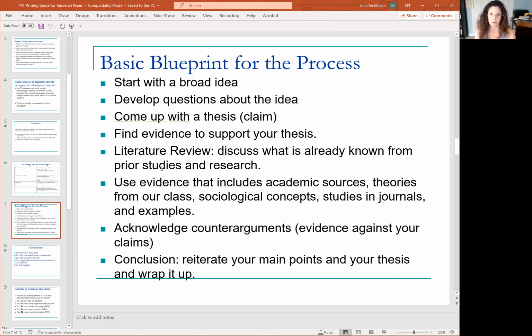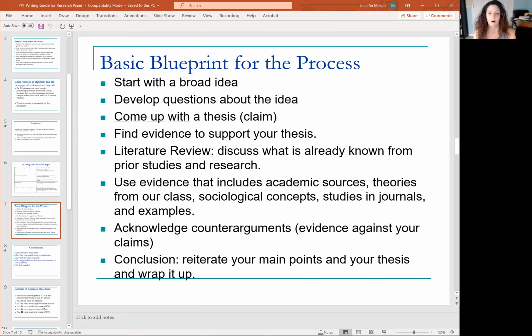So you could use the census website, you could use the Pew Research Center, the Stanford Poverty Center. There's a lot of different government sites and think tanks that you can use that are scholarly sources, even if they aren't peer-reviewed journal articles. I want you to use both. And when you look at the instructions, you'll see that you need a mixture of both.